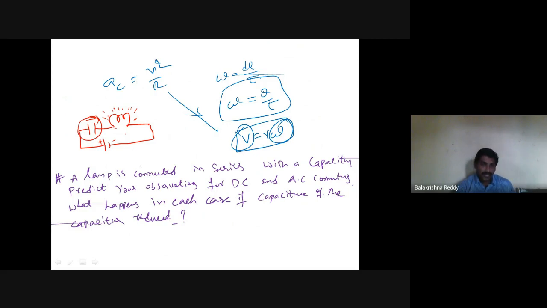As the capacitance of the capacitor is reduced, it shines brightly. But what happens if it continuously decreases? The brightness will decrease, right?